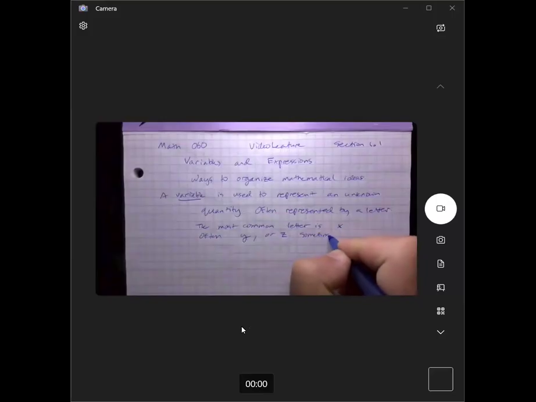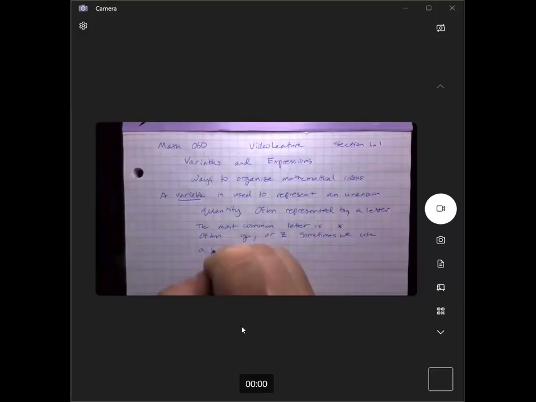Sometimes we use a letter that links to the word. So for example, when the variable is time, we often use T for the letter.